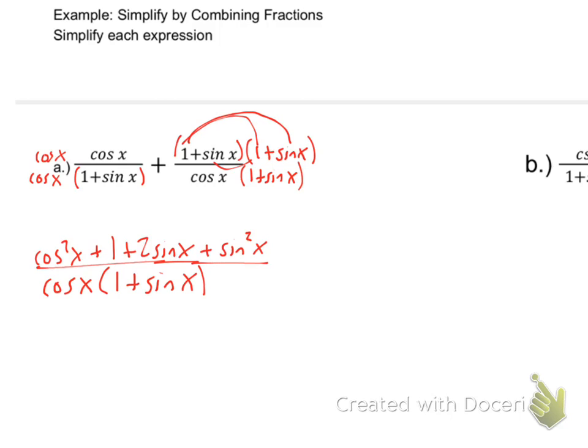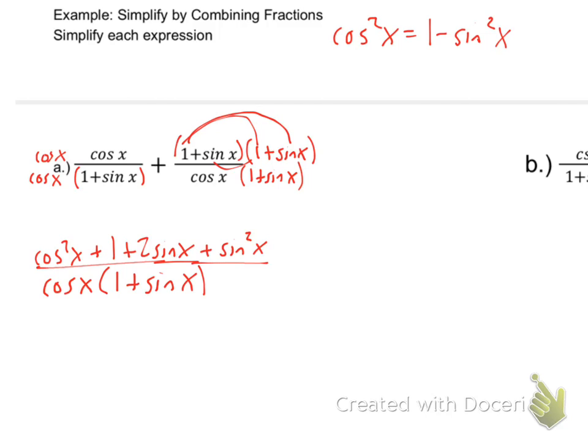Cosine squared x and sine squared x. There's a quick method and a longer method. Well, let's do the longer one, okay. Wouldn't you guys agree that I could change cosine squared x to equal 1 minus sine squared x? That goes back to that Pythagorean identity.